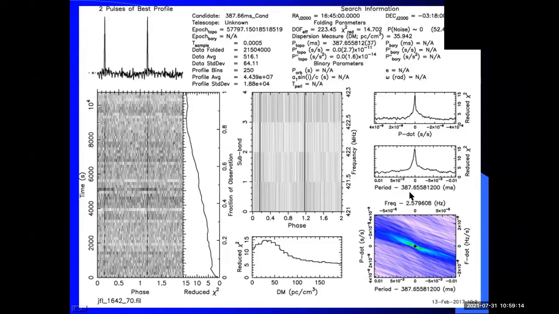When the period doesn't match the pulsar, it doesn't integrate. And similarly, this is the period P dot, it's called period rate, and once again we expect it to be a very stable source, so we expect to see a peak at 0, and as we change the rate away from this, then it drops off.